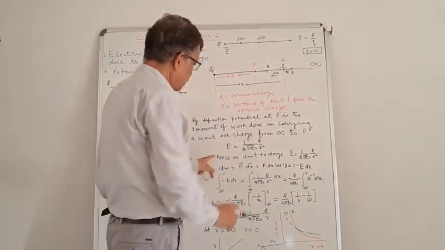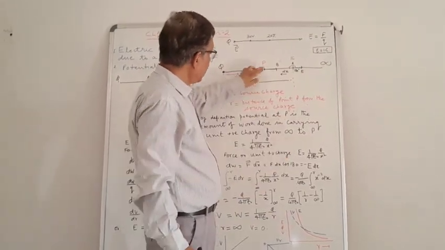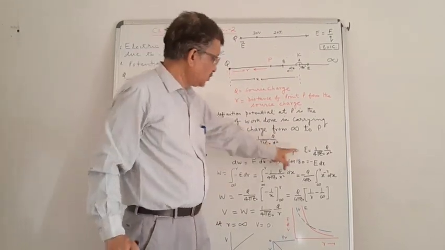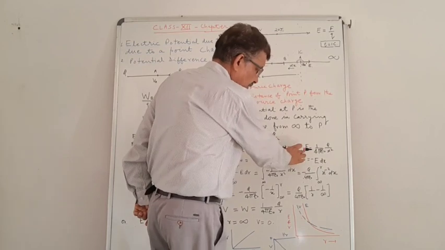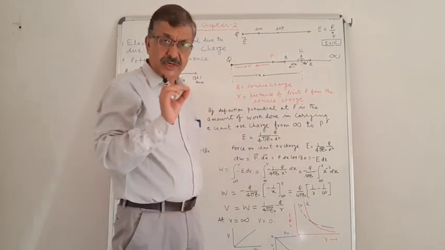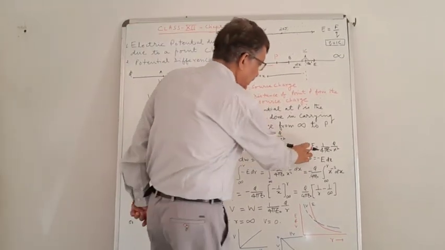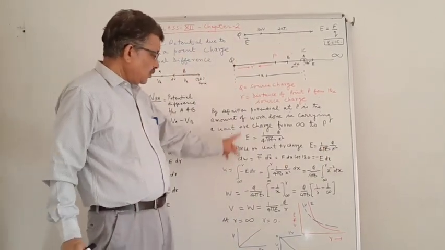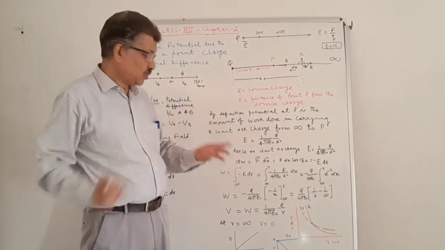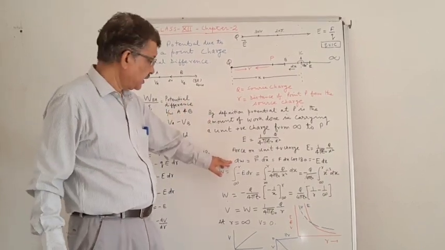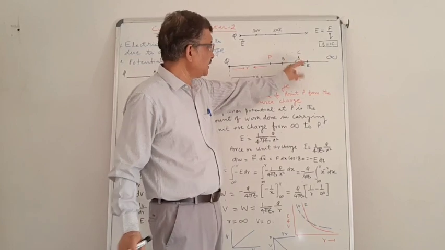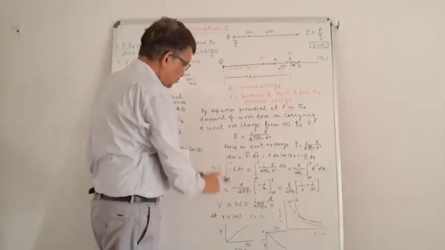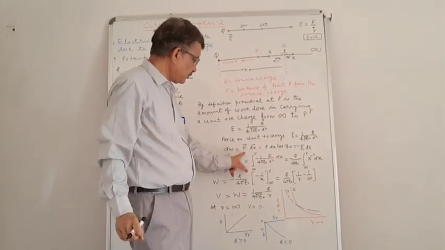So the force on the unit positive charge at this point is the value of E at this point. Now we have to find the small amount of work done in displacing this test charge by a small distance dx. So dW is equal to F dot dx.